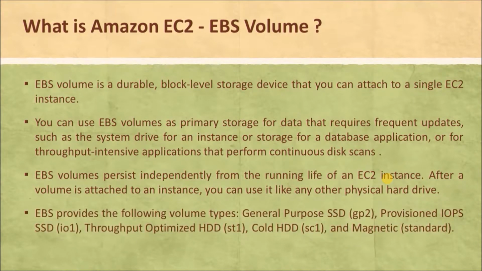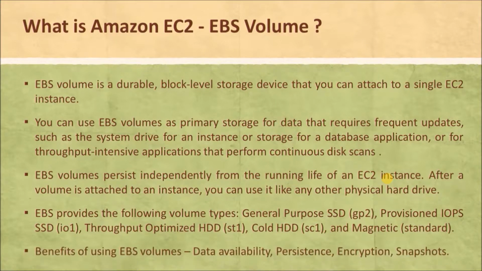EBS provides the following volume types: General Purpose SSD (gp2), Provisioned IOPS SSD (io1), Throughput Optimized HDD (st1), Cold HDD (sc1), and Magnetic (standard). Benefits of using EBS volumes: data availability, persistence, encryption, snapshots.